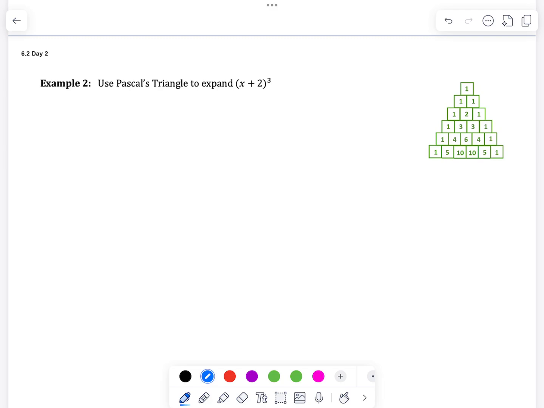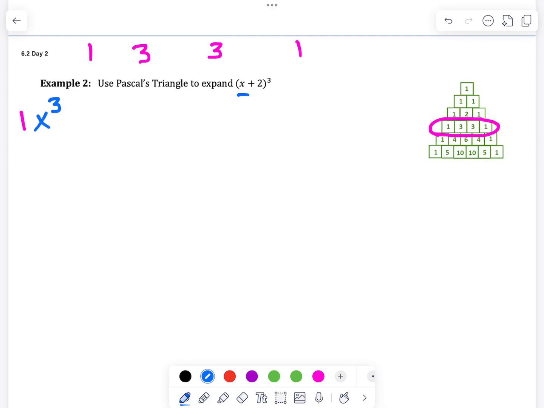Example 2. We have another binomial expansion, power of 3. So that'll be our Pascal's triangle coefficients, 1, 3, 3, 1. So our first coefficient is 1. Our variable is x.